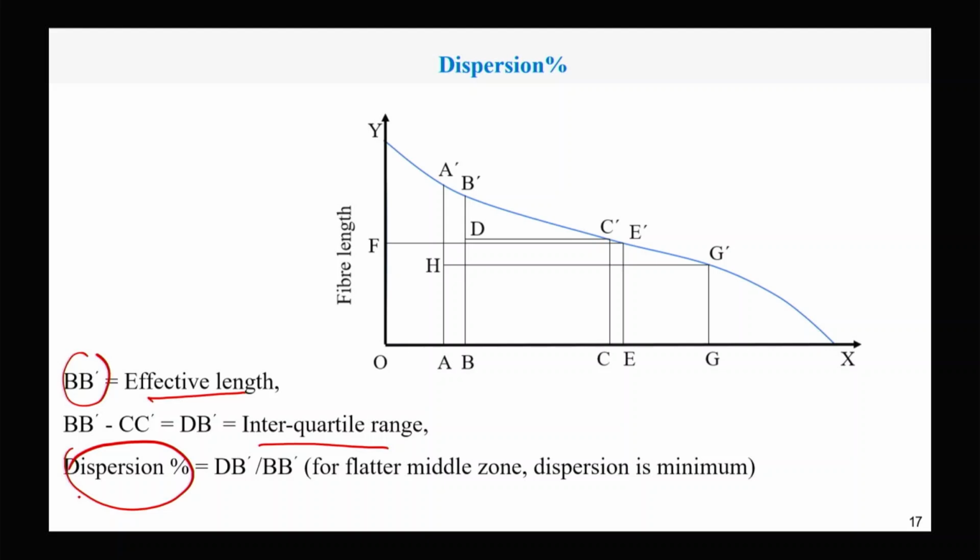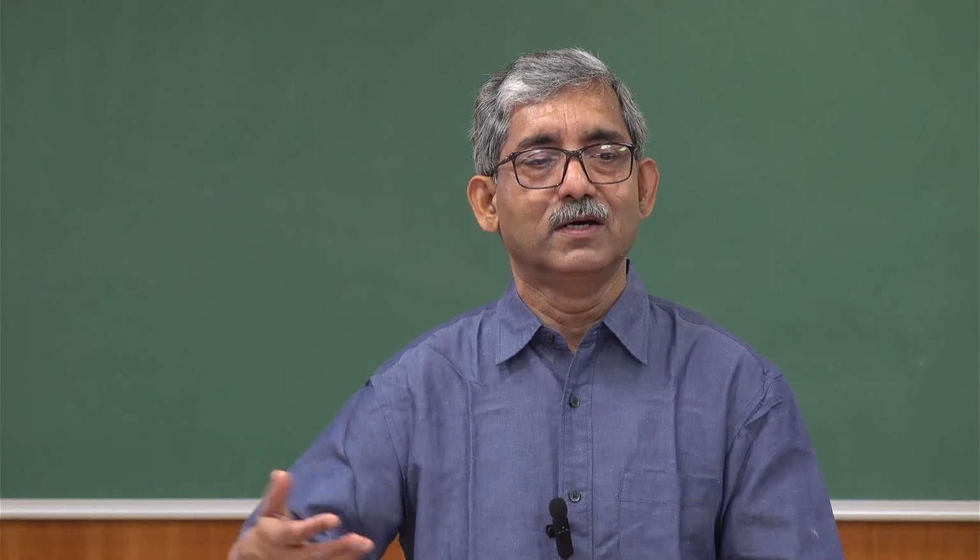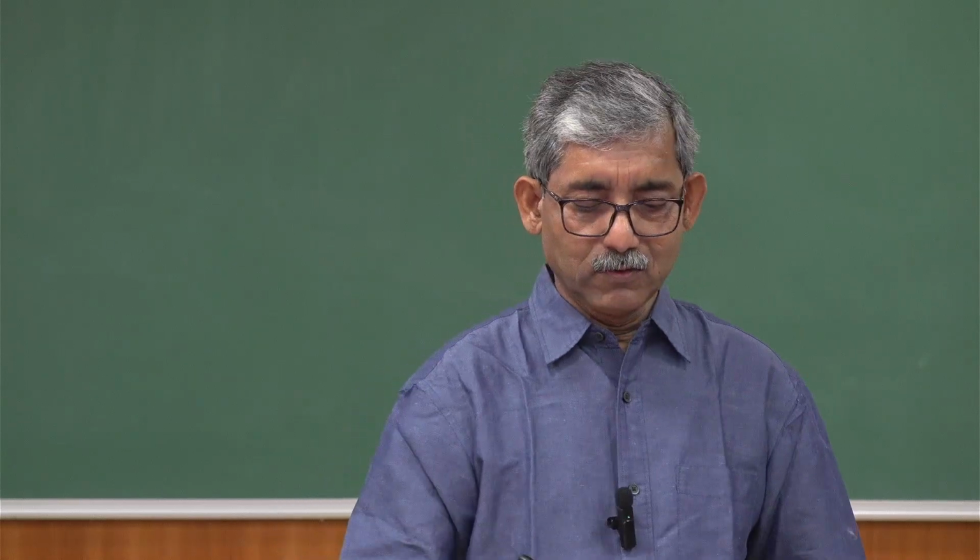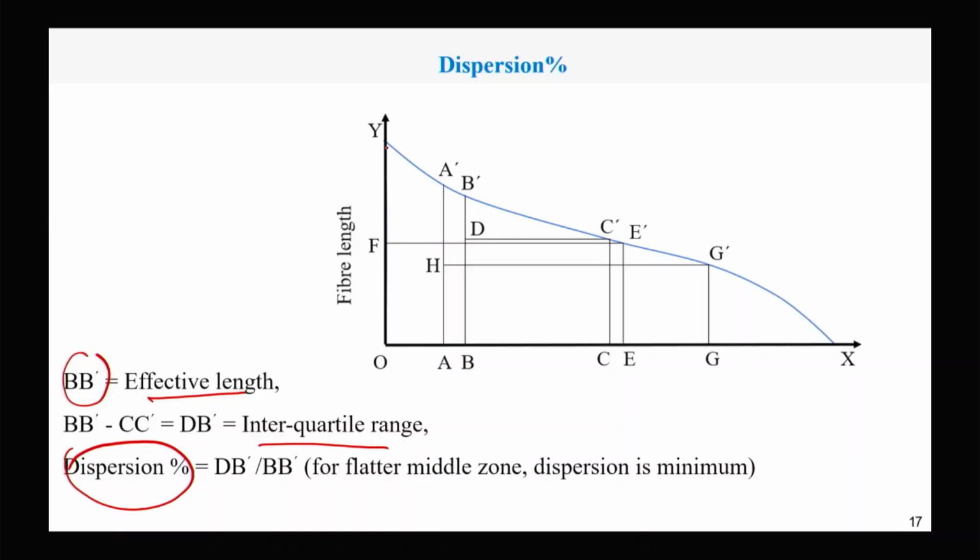If we have two data, effective length and dispersion percent, from these two data we can make out the nature of the cotton fiber as far as length is concerned. Say three different curves are there for the same distribution.